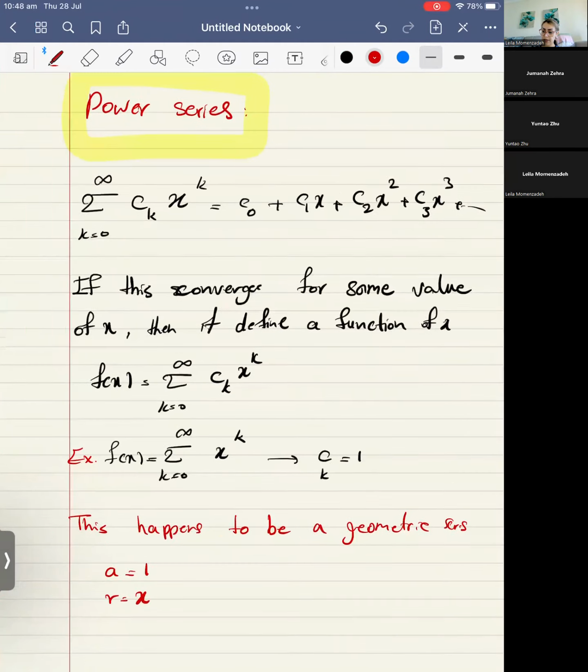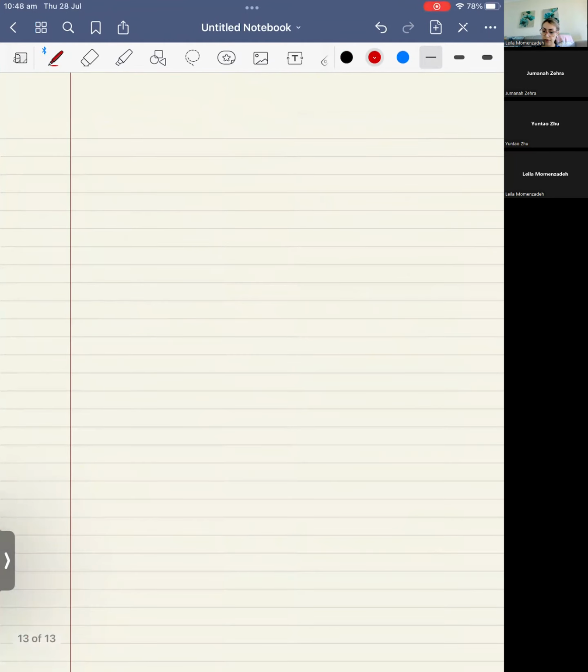Now let's check. It means that if x, now the common ratio, has absolute value less than 1, then the series converges to f of x equal to 1 over 1 minus x.